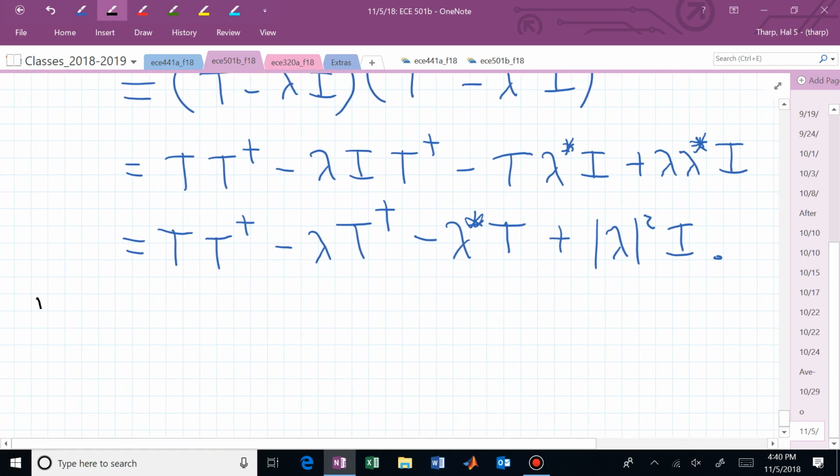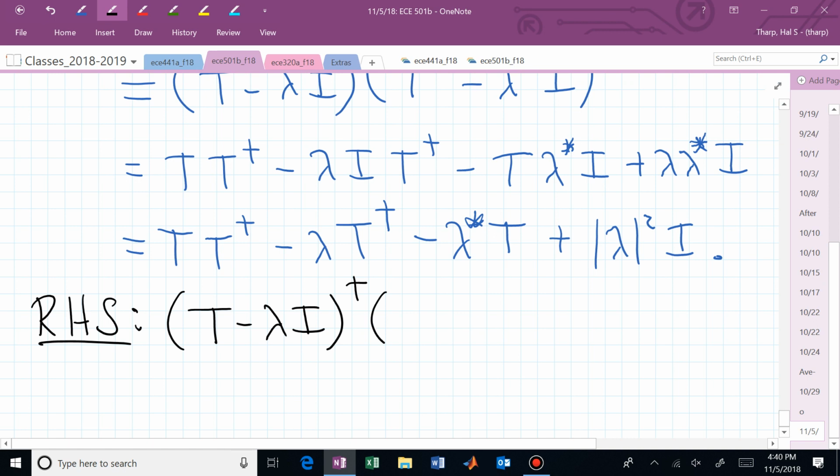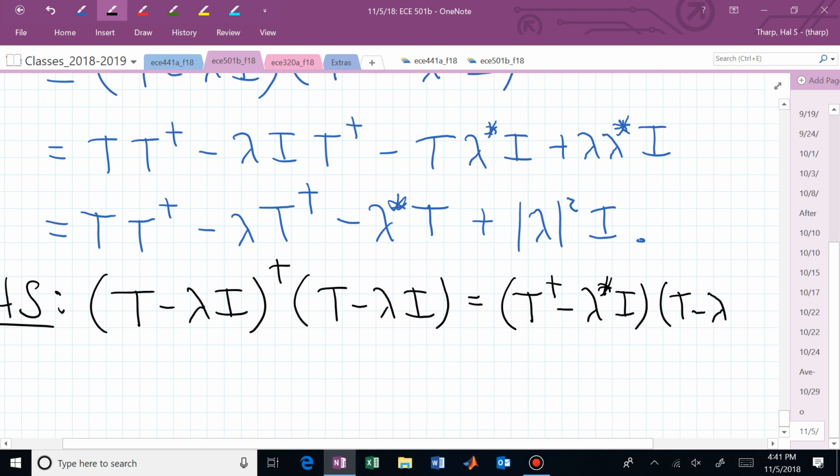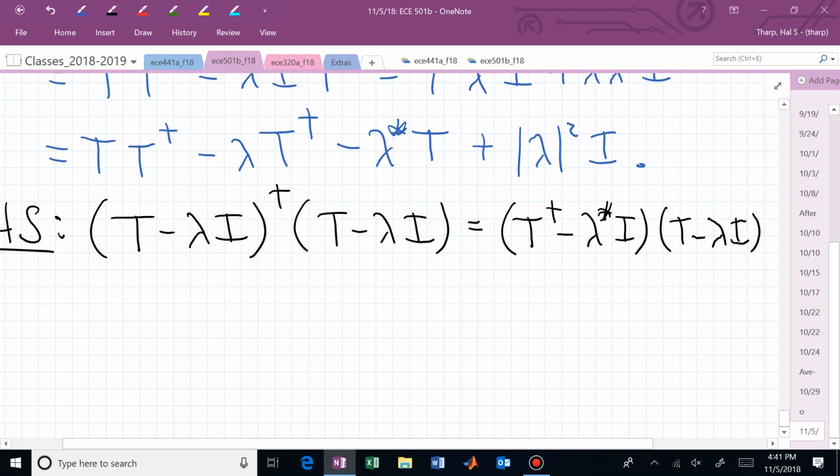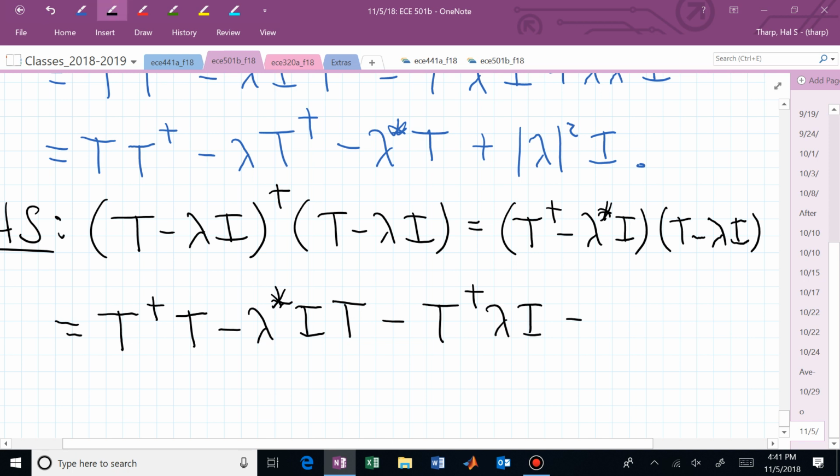So now the right-hand side, we started with t minus lambda I dagger times t minus lambda I. And again, applying the dagger to lambda and I allows us to say we have t dagger minus lambda star I operating on t minus lambda I. Or if we push those through, I now have t dagger t minus lambda star I t minus t dagger lambda I minus lambda star lambda I. And that was a minus, so I have a plus, right?